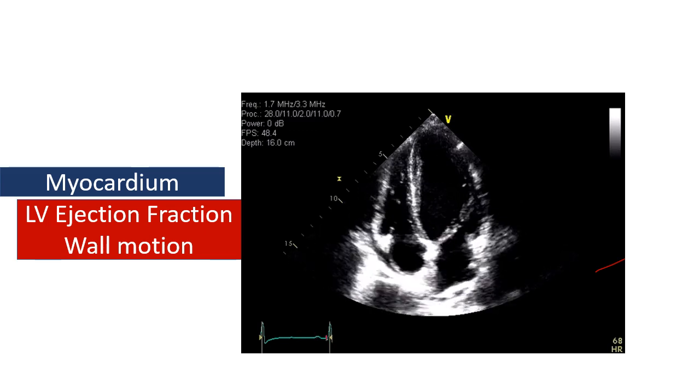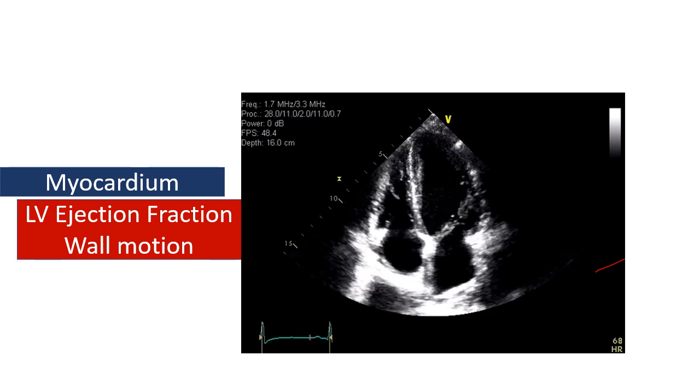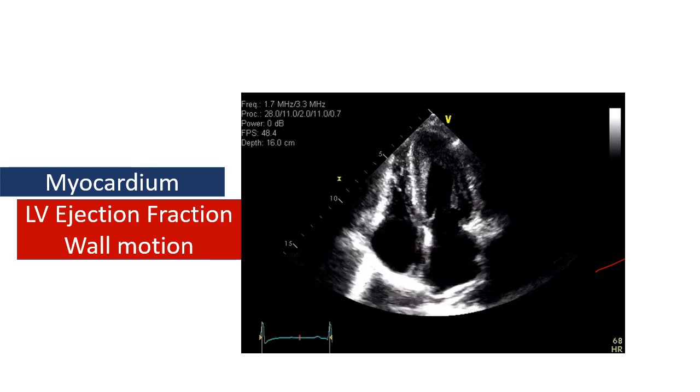So it may be akinetic with no contractility at all, or hypokinetic with little contractility. This means that you shall observe the wall motion for every segment of the myocardium and comment about the regional wall motion abnormalities and comment about the ejection fraction overall.